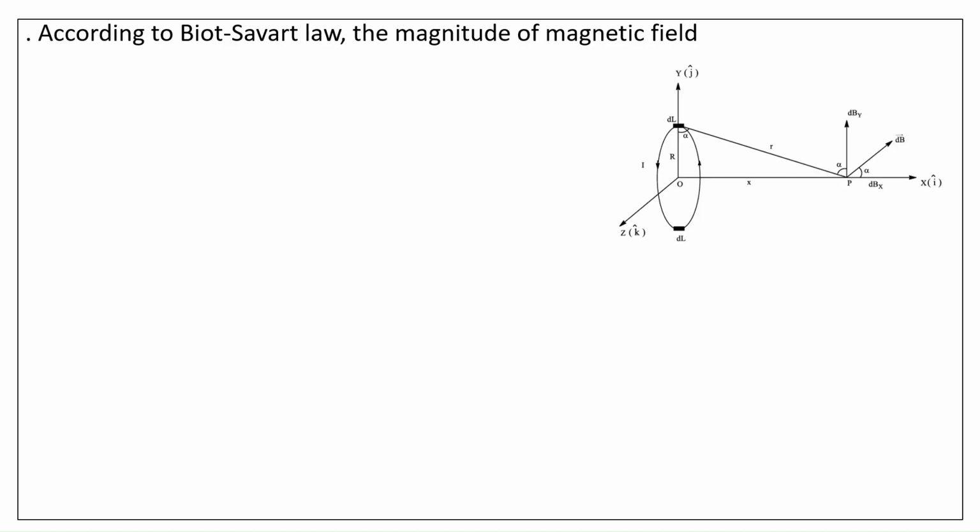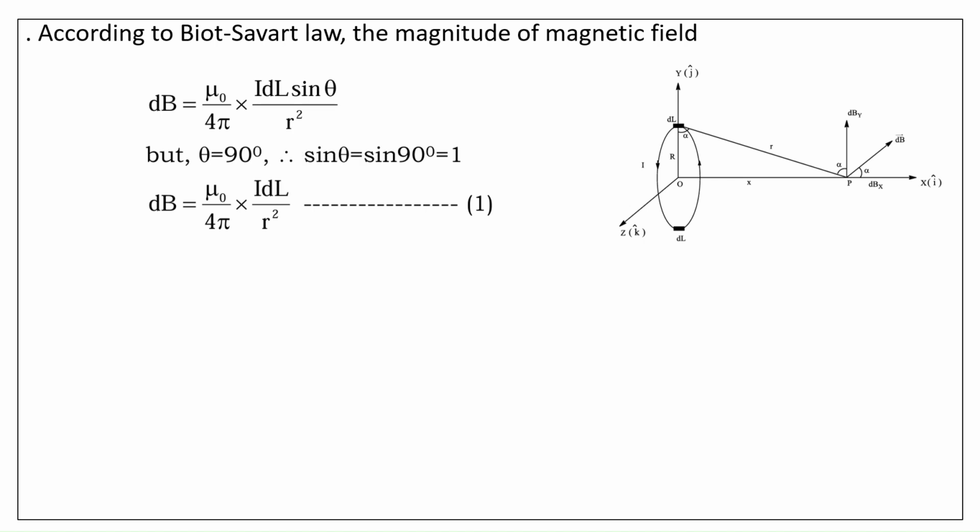According to the Biot-Savart law, the magnitude of the magnetic field dB is equal to mu naught by 4 pi into I dl sin theta by r square. But theta is equal to 90 degrees, then sin 90 degrees is equal to 1. Therefore, dB is equal to mu naught by 4 pi into I dl by r square.